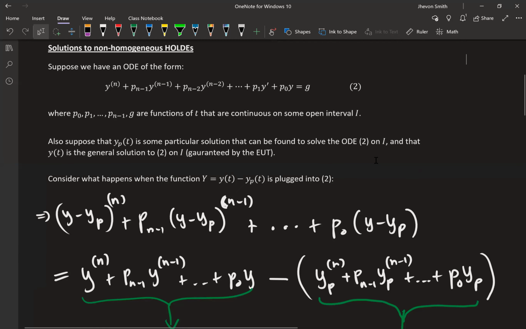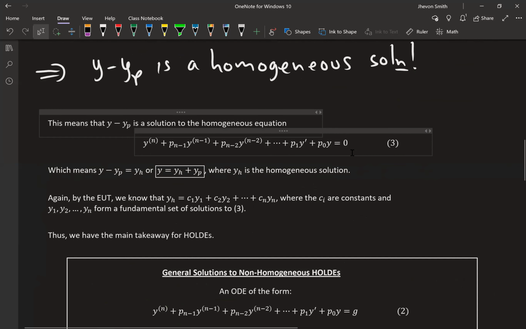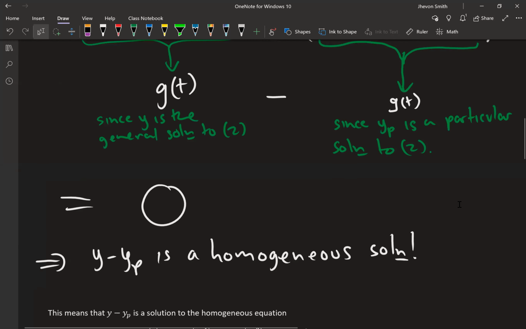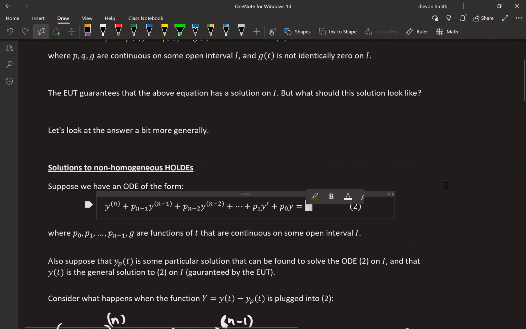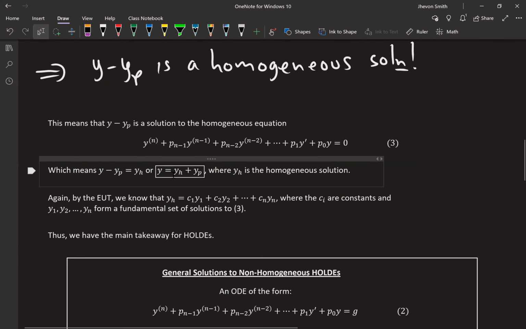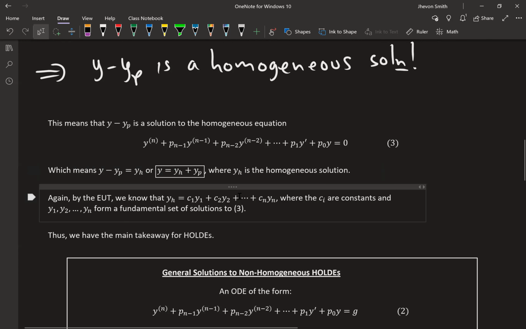However, we discovered yesterday that whenever you have a non-homogeneous equation, like over here, where your function g is non-zero, or not identically 0, just some function other than 0, the solution has this form. The general solution will look like YH plus YP, where YH is the homogeneous solution and YP is a particular solution.